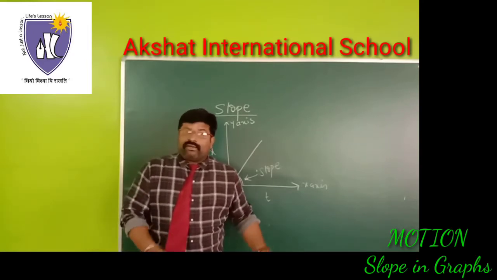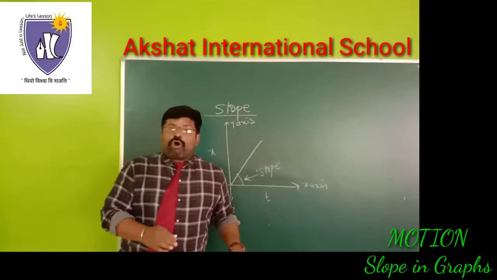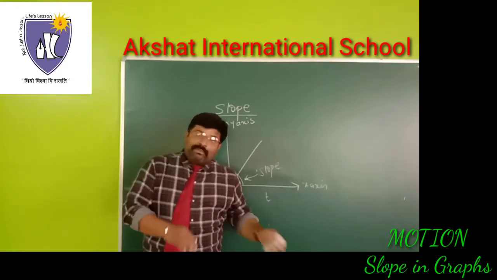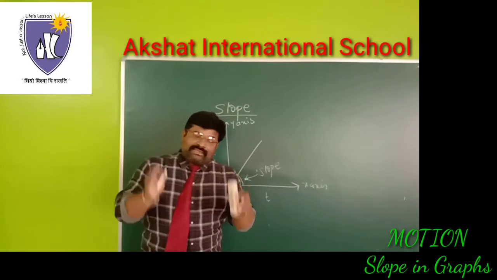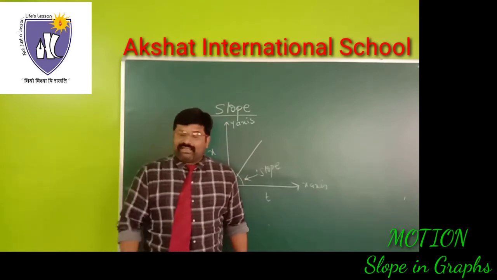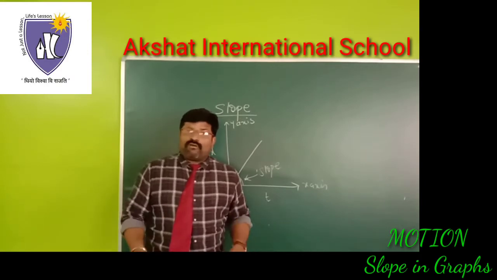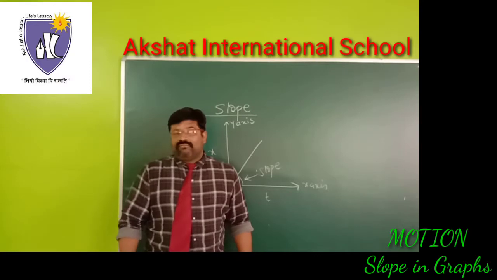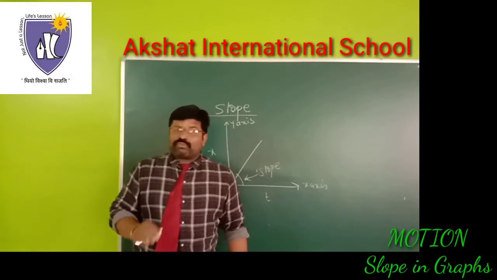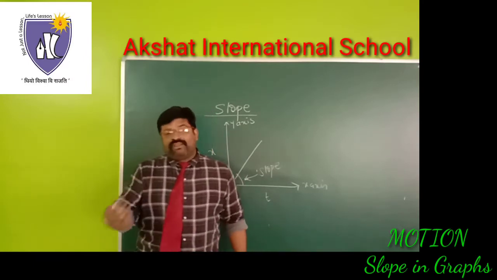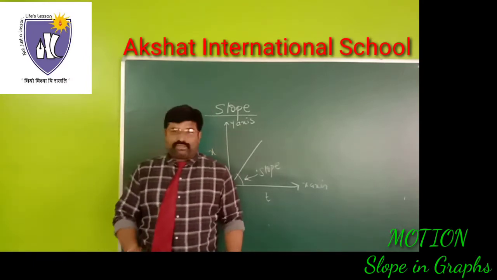If we compare the speeds of two objects, and we do not have any data, but simply have the distance time graph of both the objects, or say vehicles, with the help of the slope, with the help of that inclination, we can find out which object is moving faster.